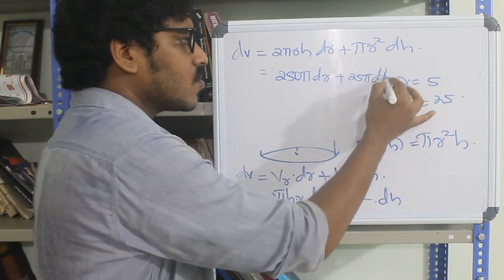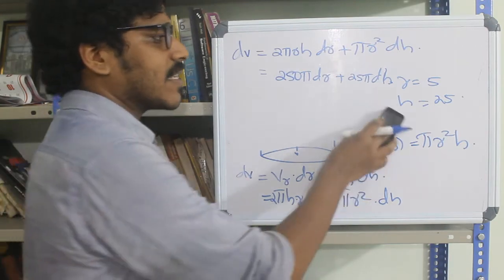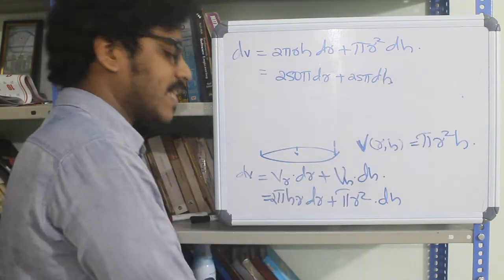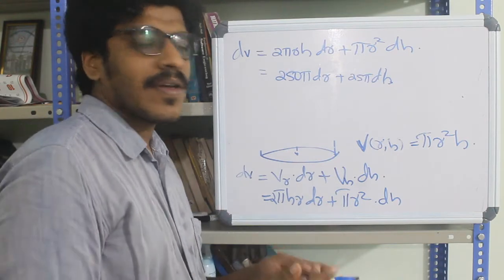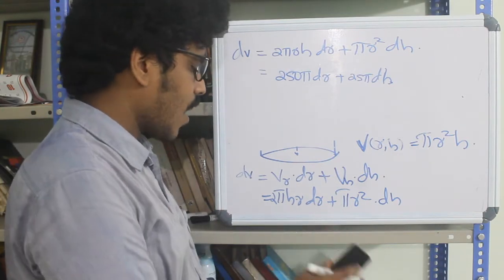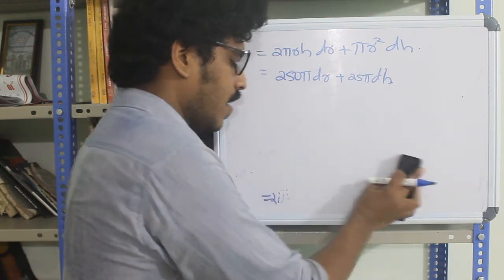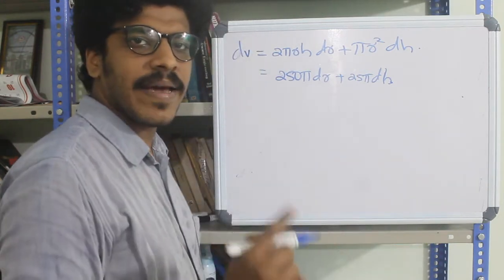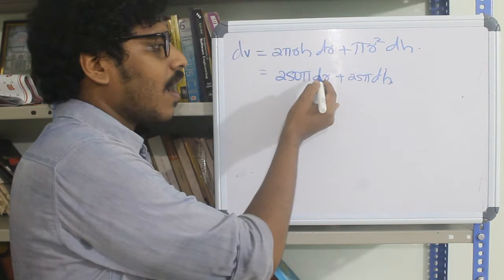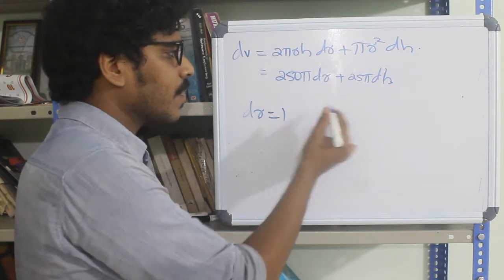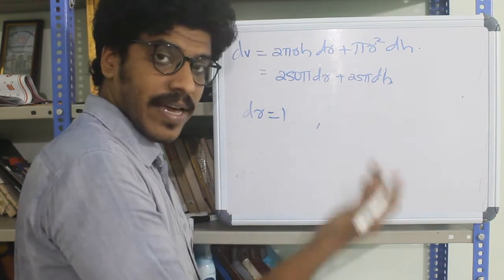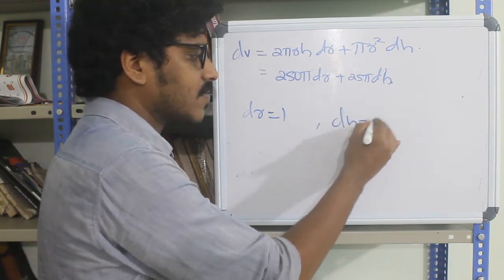Okay. So what are this dr and dh here? dr is actually a change in r and dh gives a change in h. So if you make a small change in r, say a change of 1, dr is 1, and say change in h is also 1, dh is 1.